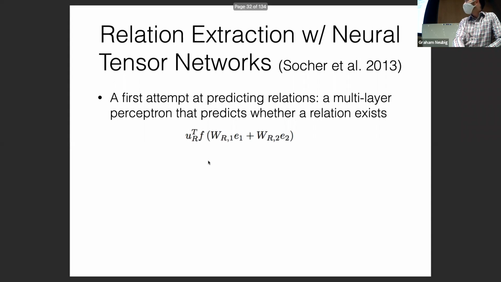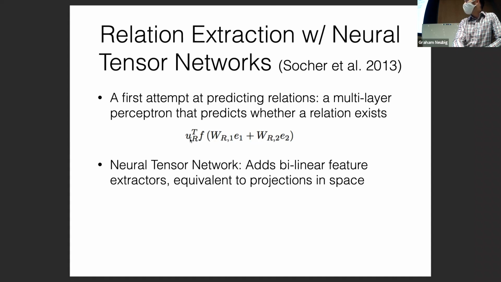So we have a model that takes in two embeddings, embedding 1 and embedding 2, and multiplies each of these by a weight matrix. You could also view this as concatenating these two embeddings together, running them through a nonlinearity, and then making a prediction. So it's like an MLP that decides based on the embeddings whether a particular relation exists.